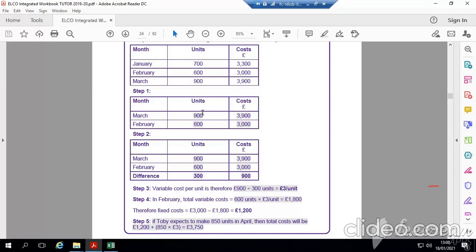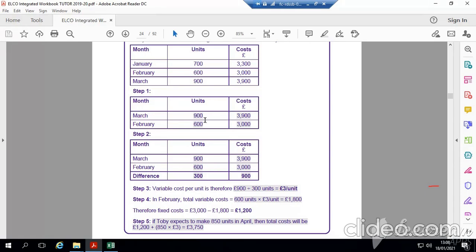So in the exam it gives you 2 lines, says March, February, number of units and the cost. It asks you to calculate the fixed cost. It asks you to calculate the cost per unit, because obviously for a manufacturing company you have a direct cost and an indirect cost, or you have a fixed cost and variable cost.